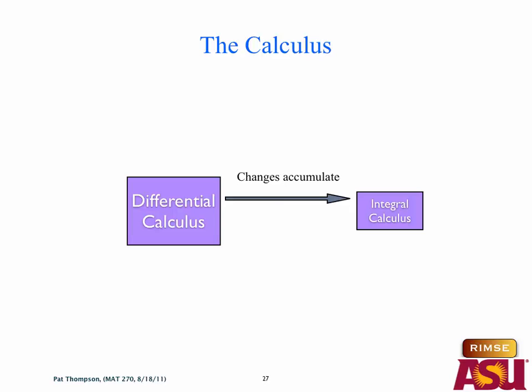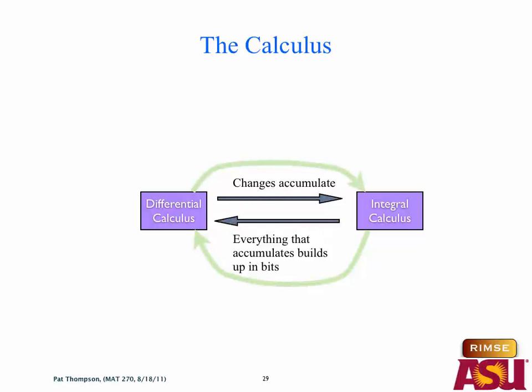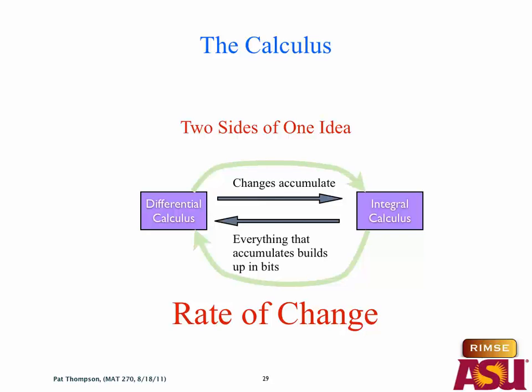So this really points at integral calculus, and the other way around. If you know how fast something is changing, and you want to know how much of it there is, you have to see it as building up in bits at a varying rate. And so that's going back to differential calculus. So this is really two sides of the same coin, one idea, which is rate of change. So this course is about rate of change.